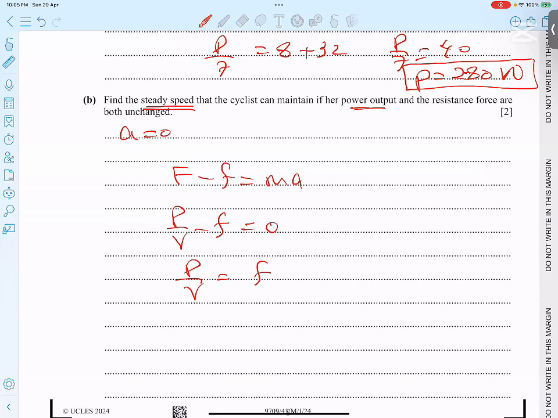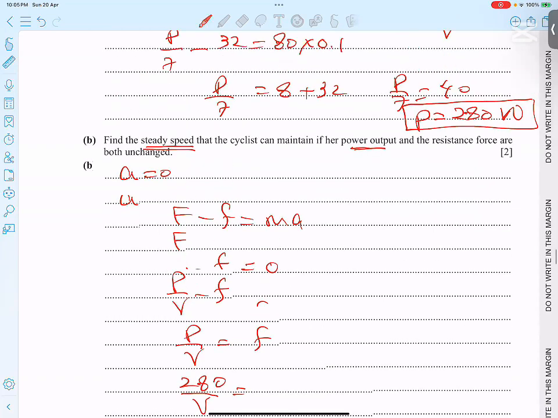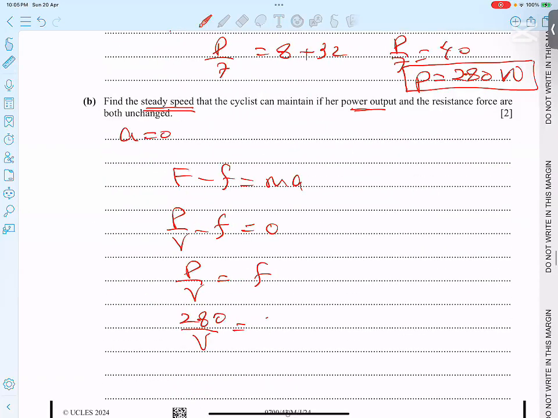Now, students, he said to find the steady speed. Power remains the same, so 280 by unknown V; friction force is the same, which is 32. So cross multiply: 280 is equal to 32V.